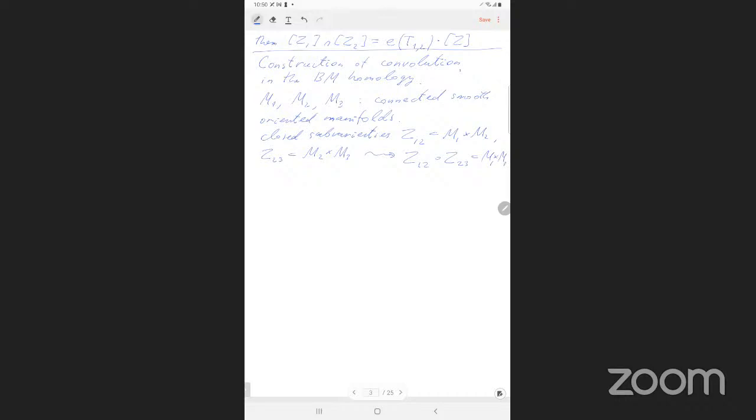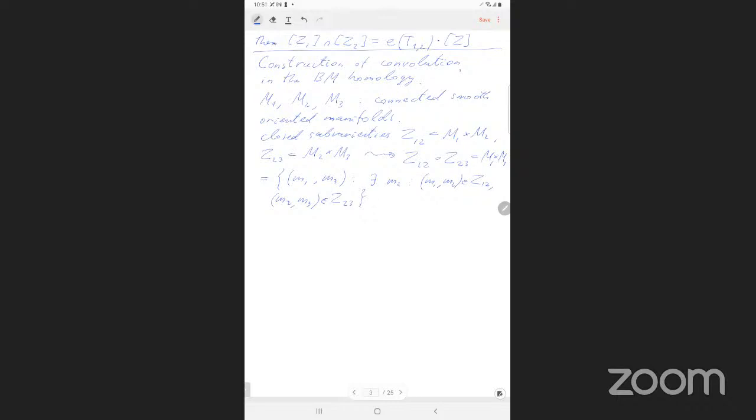Namely, these are all points M1, M3, such that there exists M2, such that M1 and M2 lie in Z1,2, while M2 and M3 lie in Z2,3.